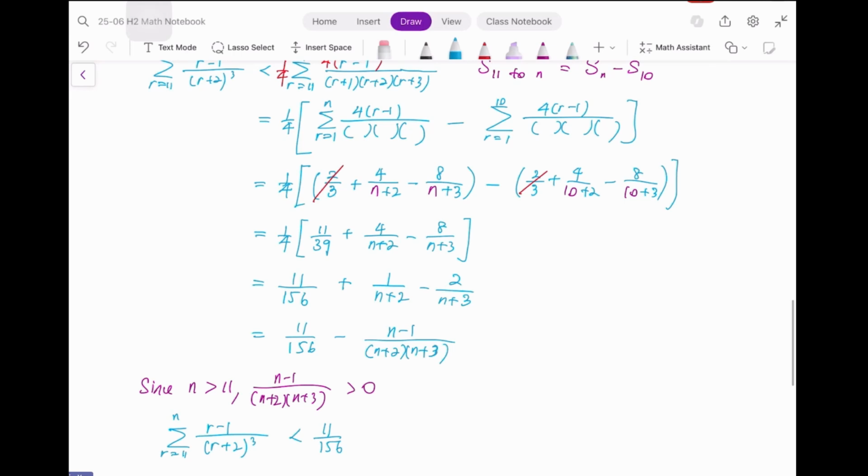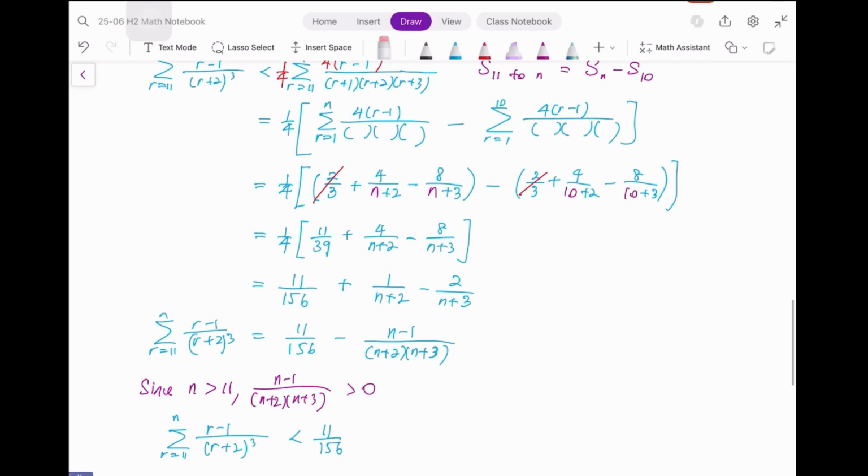Okay, so I will put it here. Let me erase. Can, so this is already less than this, right? So it will be less than a bigger number. Definitely less than a bigger number because you're minusing away a positive number over here. So this one over here will be less than 11 over 56.